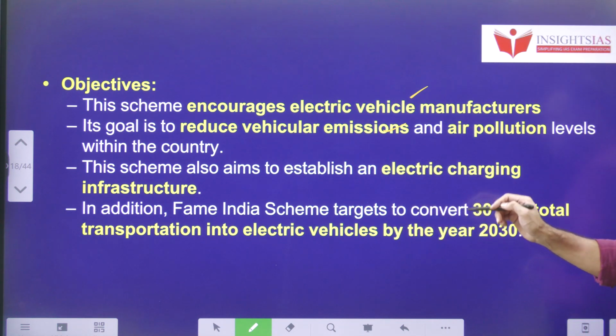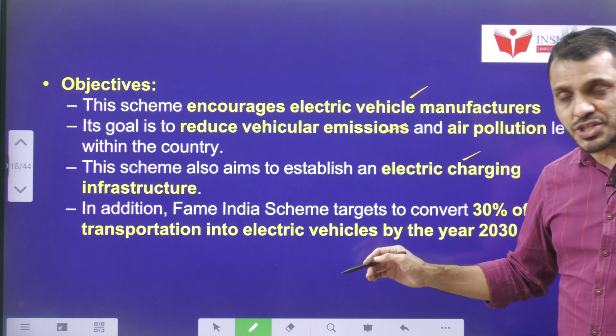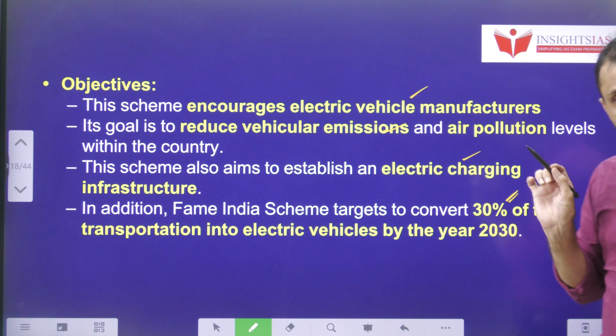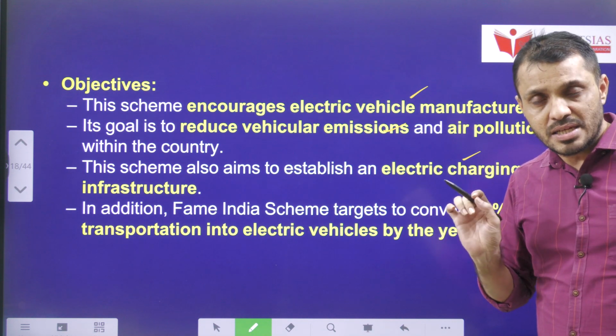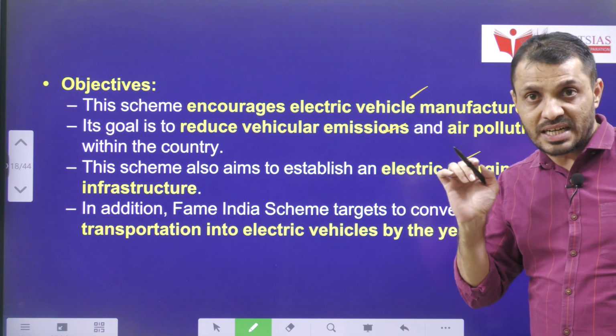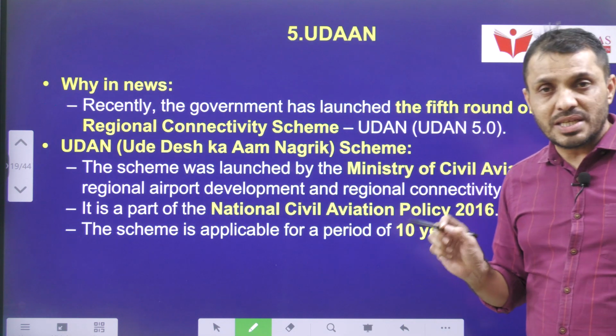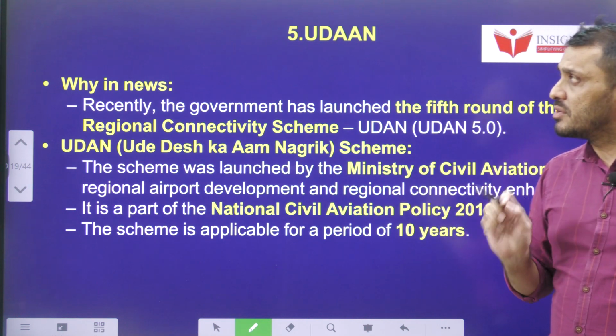The scheme also aims to establish electric charging infrastructure, and it targets that out of entire vehicles, 30% should be electric vehicles. The target set is 2030. So these are some of the target years related to FAME.